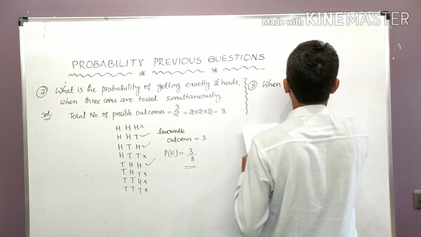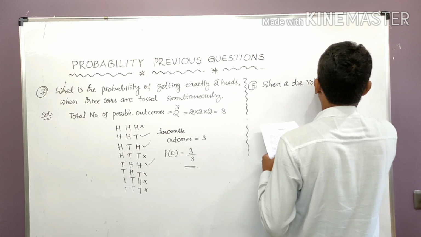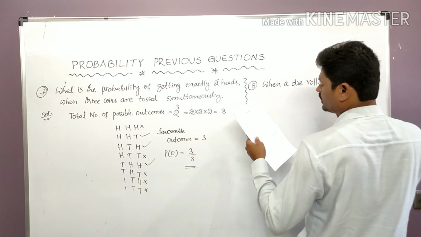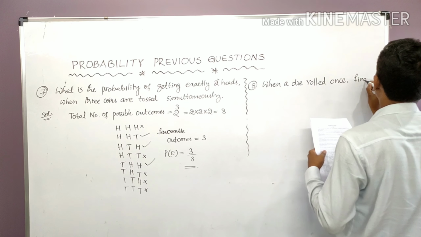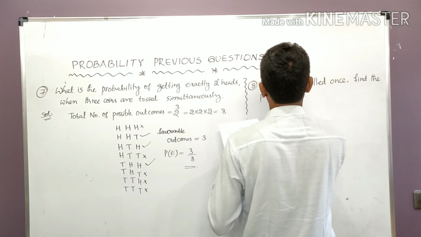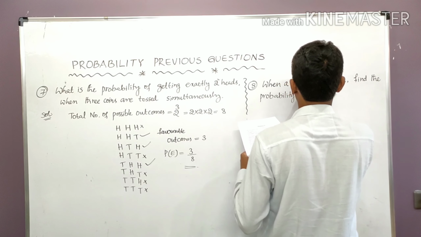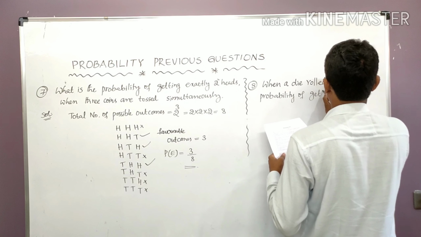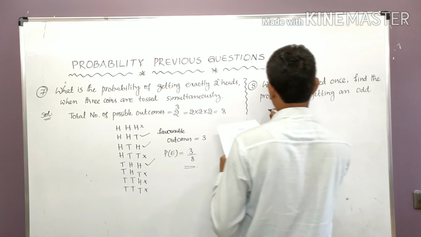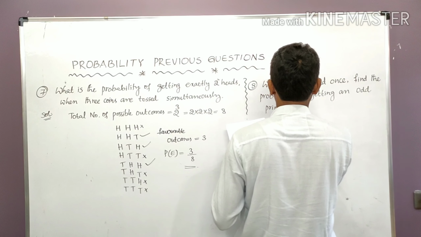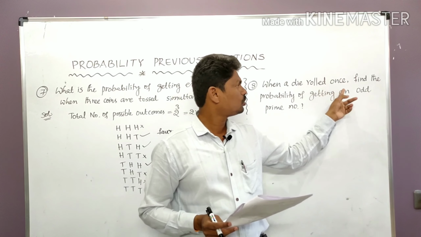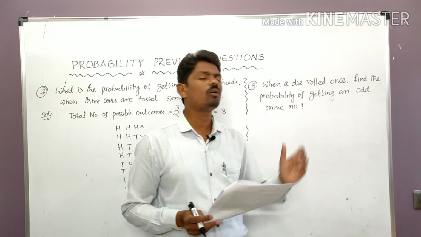When a die is rolled once, find the probability of getting an odd prime number.